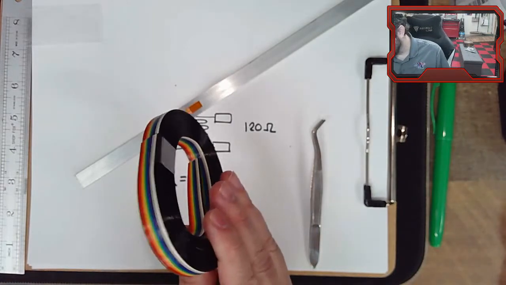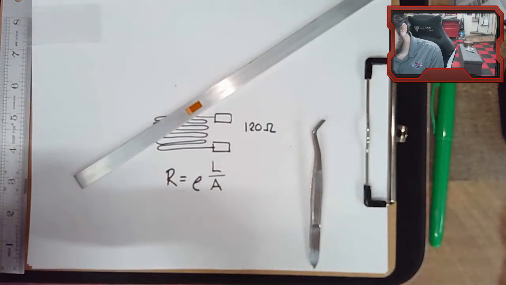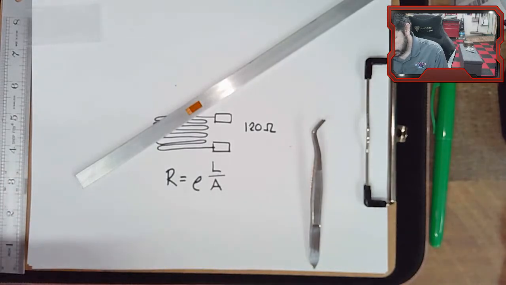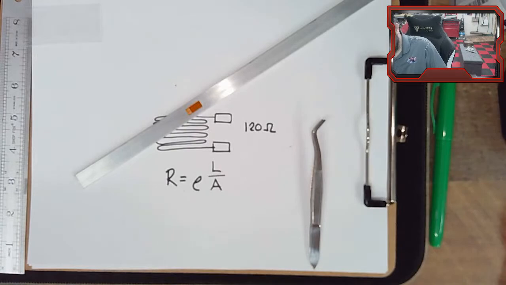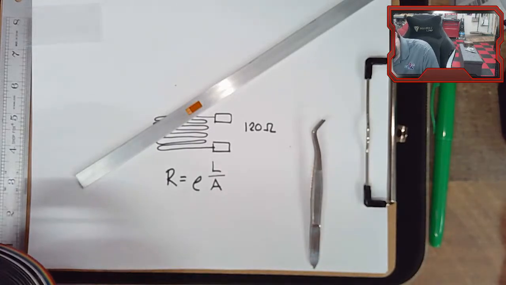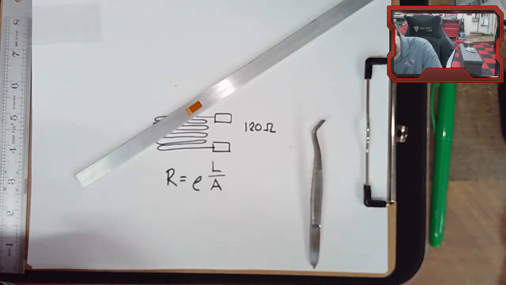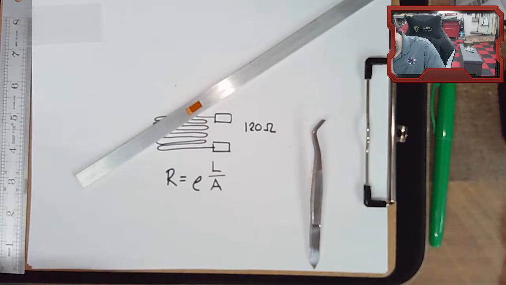I've got some little ribbon cable here that's going to probably work fine, except it's all taped up, and I don't see the edge of where the tape starts. Let's see if we can get it off of there. There we go. At least there's some of it.